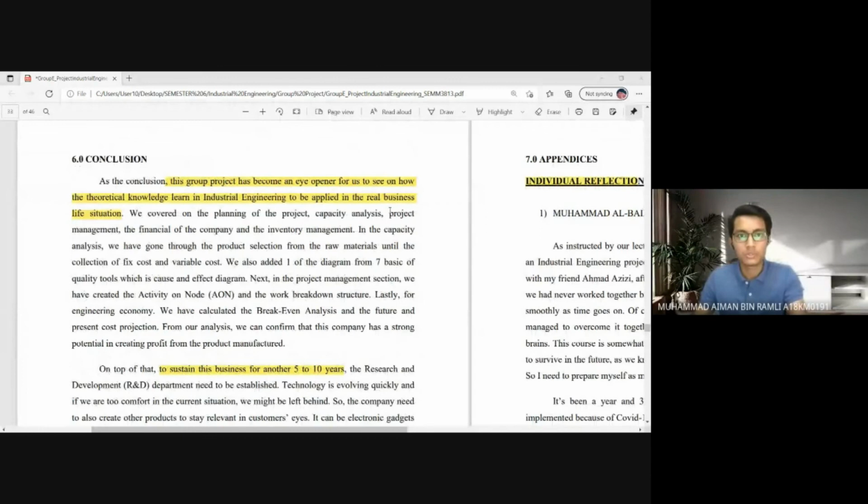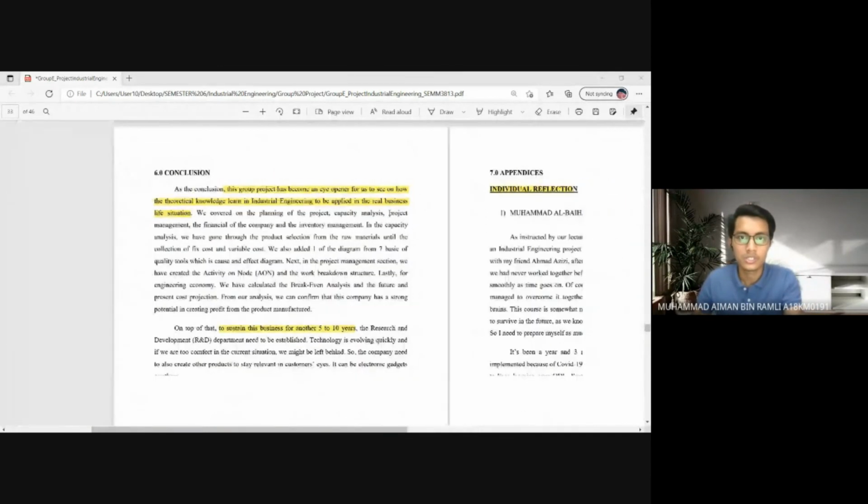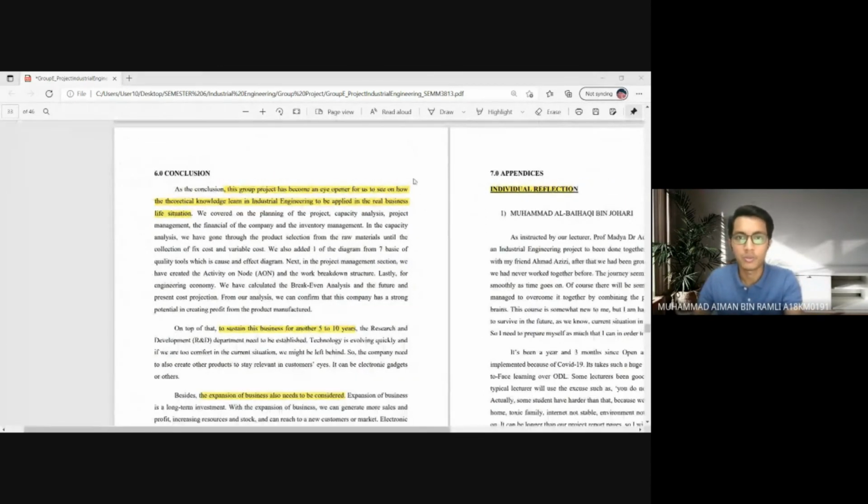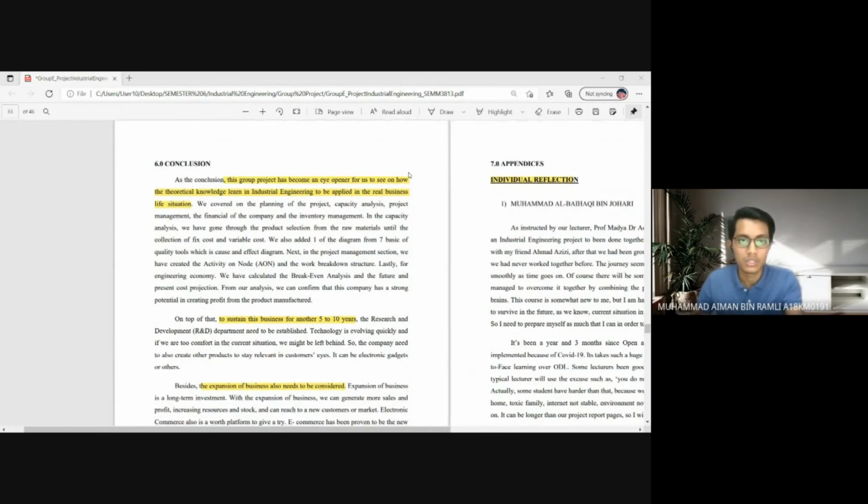So in conclusion, this group project has become an eye-opener for us to see how the theoretical knowledge of industrial engineering is applied in a real business situation. In this project, we are not just analyzing the working structure of the business itself. We also want to give some suggestions.